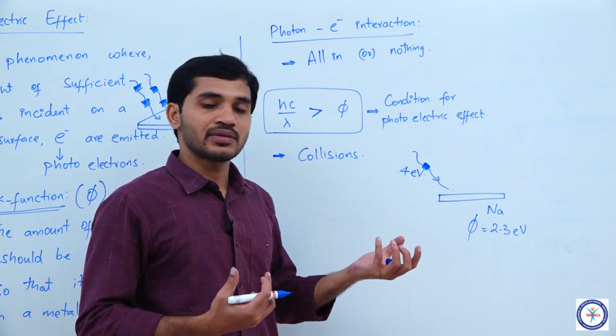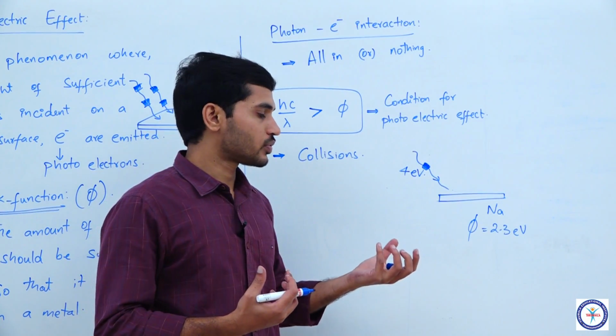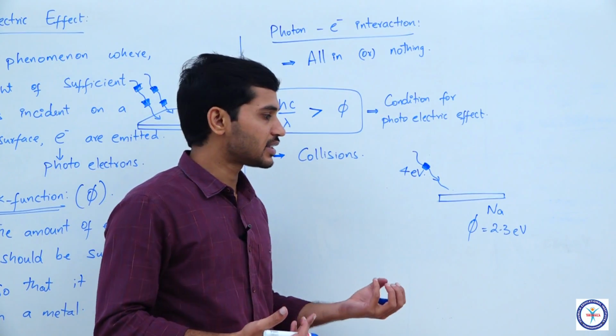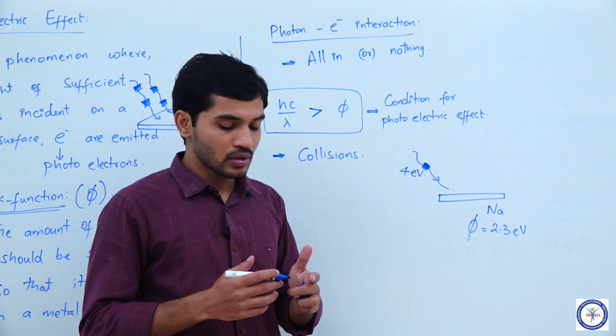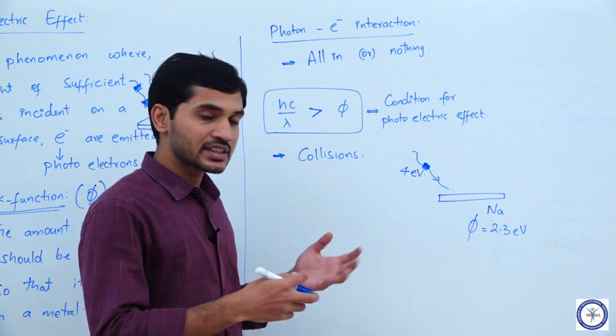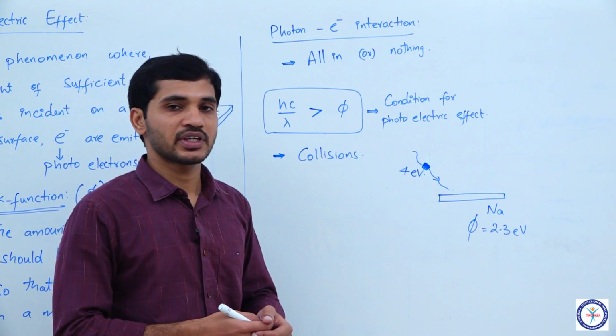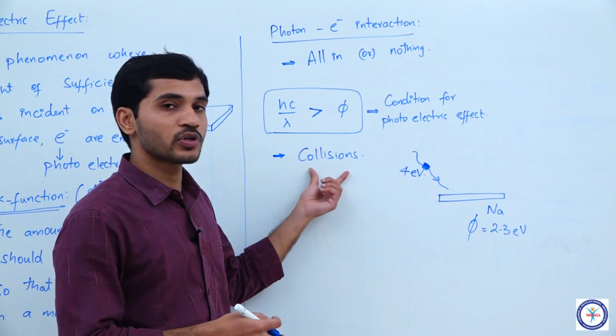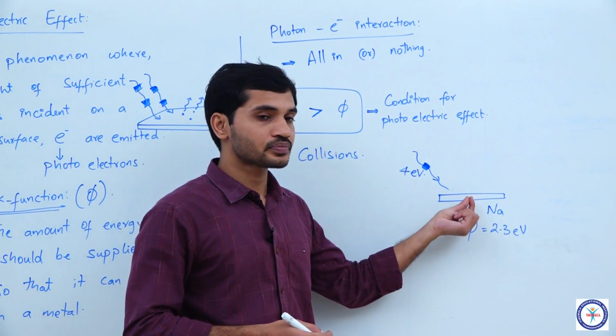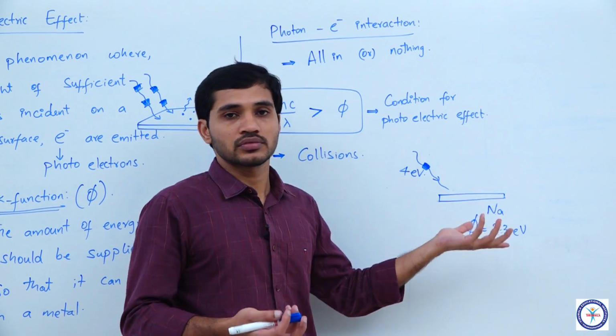It takes that 1.7 electron volts as kinetic energy and tries to come out of the material, but in that process it collides with the surrounding electrons or atoms, and it might lose some of that energy. So, collisions are responsible for this electron to come out or not come out.